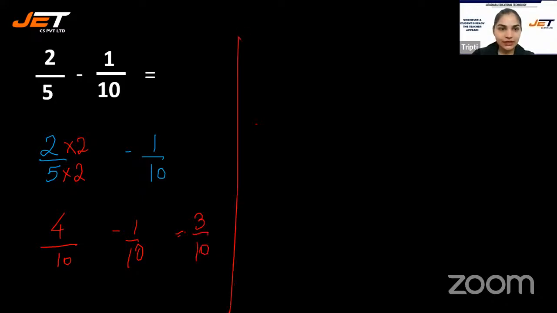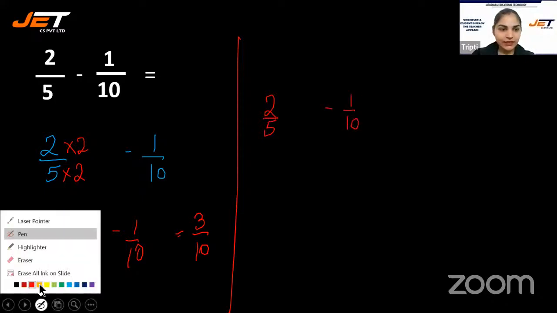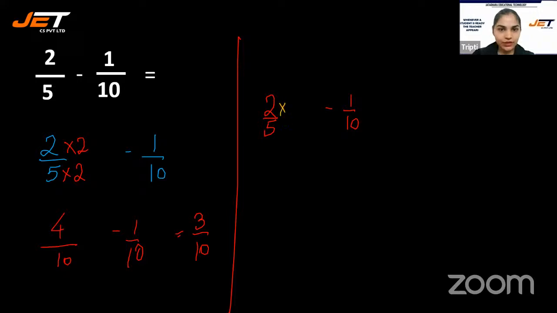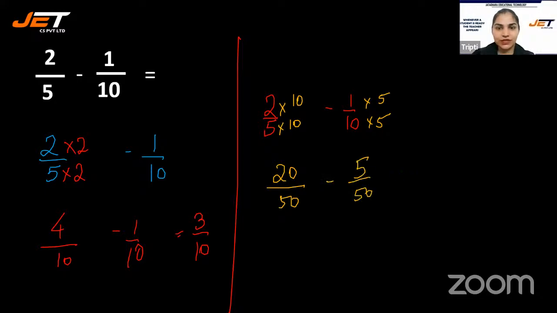I'll show you the other way. 2 by 5 minus 1 by 10, multiplying it with the number 10, here 5. 2 times 10 is 20, 5 times 10 is 50, minus 1 times 5 is 5, 10 times 5 is 50. That is 15 by 50.